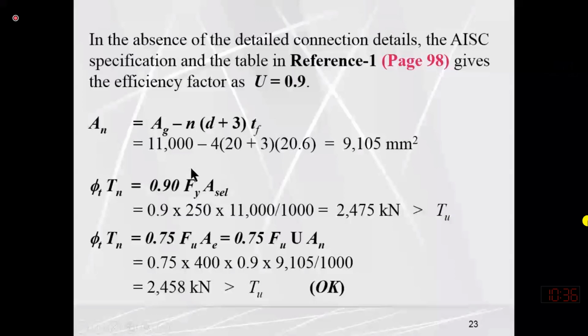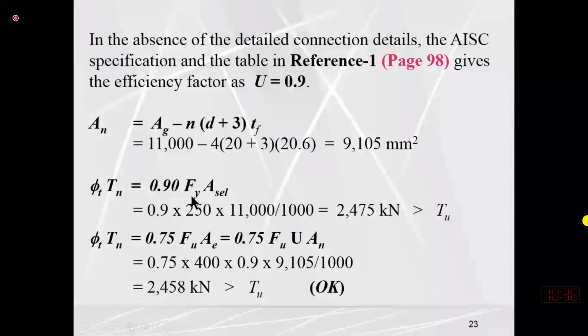Capacity will be the lesser value out of the yielding criteria or rupture criteria. Capacity in yielding will be phi Tn, equal to phi Fy into area of selected section. So 0.9 is the phi value in yielding, 250 is the yield strength, and area of selected section is 11,000.